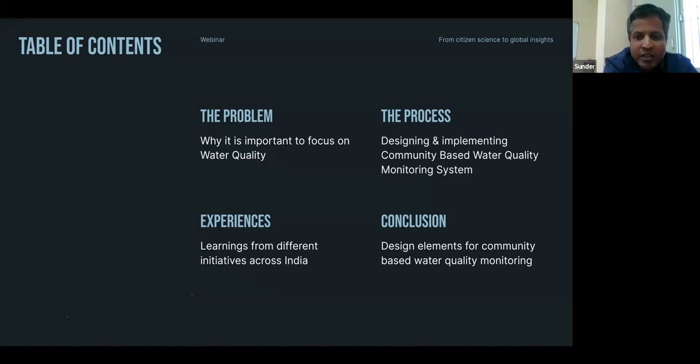For example, as I think one of the participants has rightly said here, there is this large program such as Jal Jeevan Mission happening, within which such community-led initiatives are extremely important. And initiatives such as this also add on.